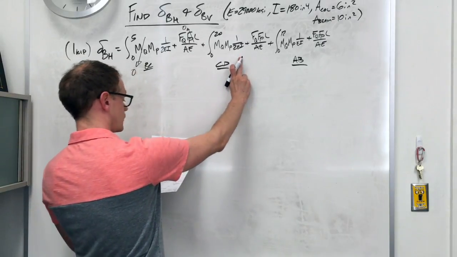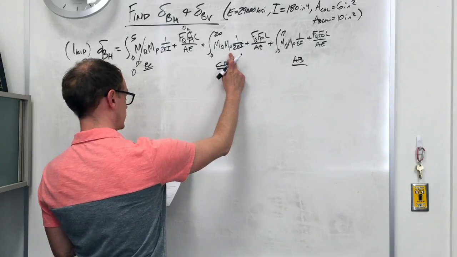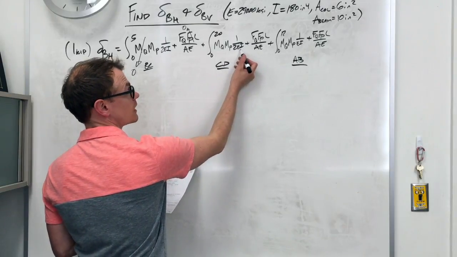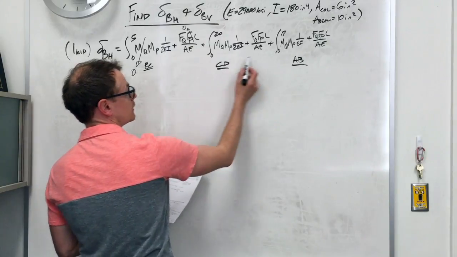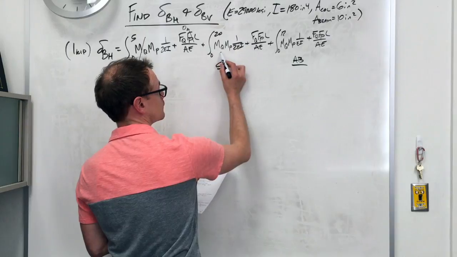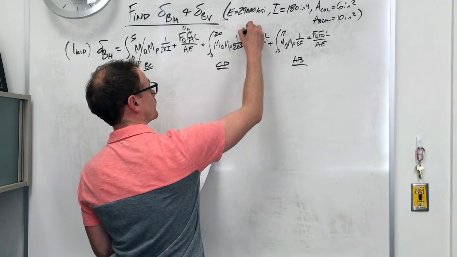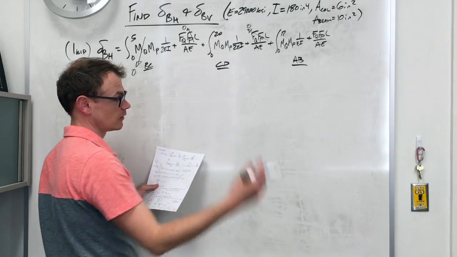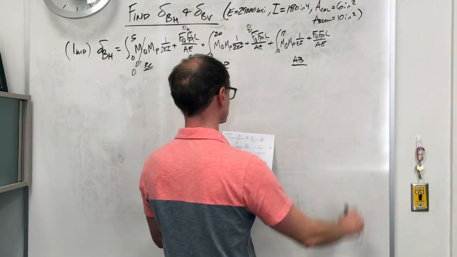How about for the long beam? MQ was not 0, MP was not 0. Oh, and notice, I have 2 EI here because it was 2I. Same over here, I had 2 EI. Then, so these are both non-zero, so I'm going to keep those. Then, both FQ and FP were both 0. There was no axial load in that. That makes sense, it has a roller on the end, so how could it have axial load?